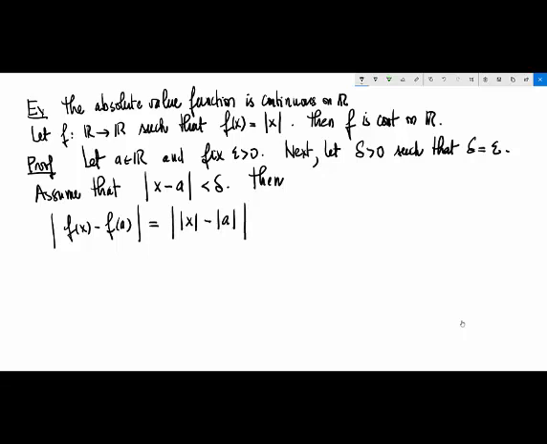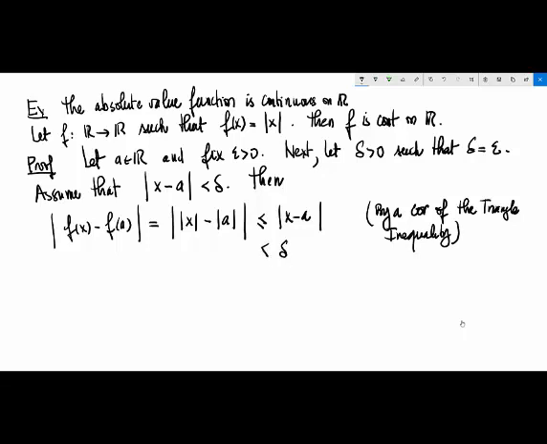And by a corollary of the triangle inequality, this is less than or equal to the absolute value of x minus a, and this will be less than delta, which we set to be equal to epsilon. Now you see why we let delta be equal to epsilon, because we would like to make the distance between f of x and f of a less than epsilon.